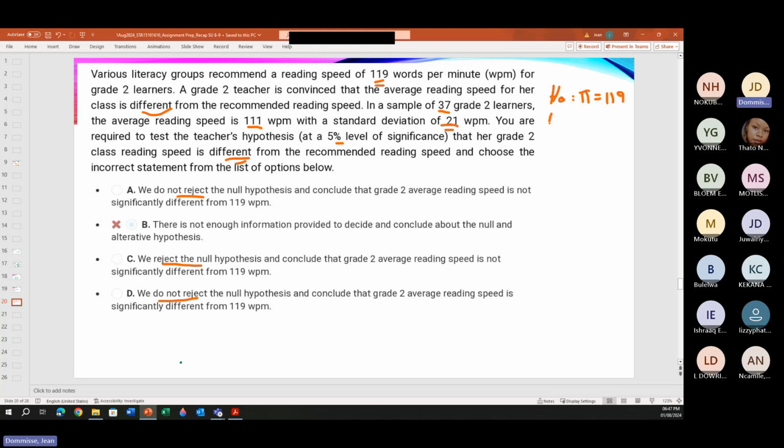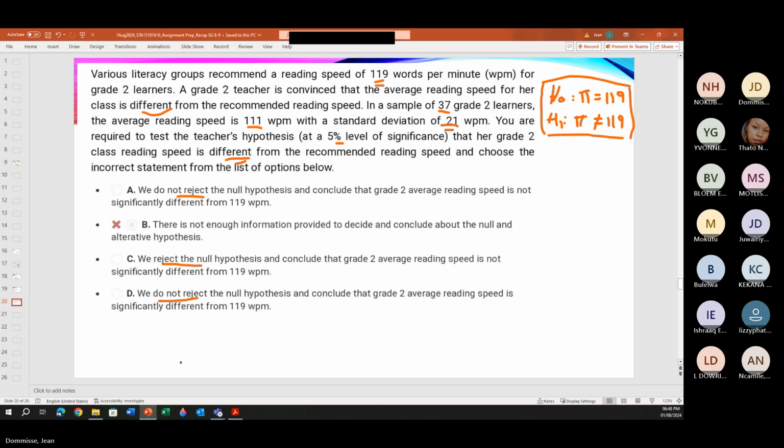The alternative hypothesis they talk about is different, so the alternative hypothesis is not equal to 119. Those are the two hypotheses that we are dealing with.